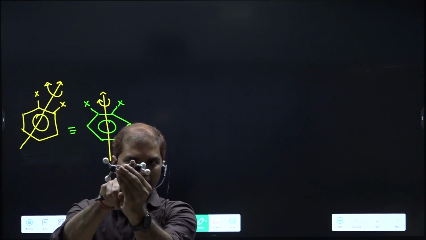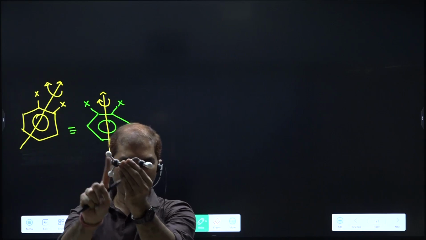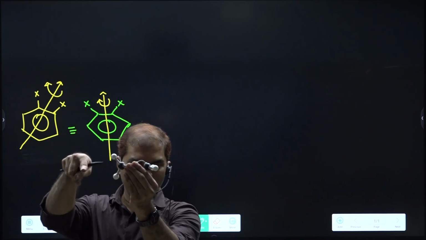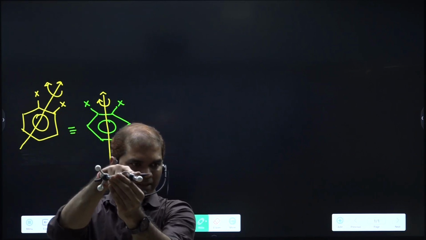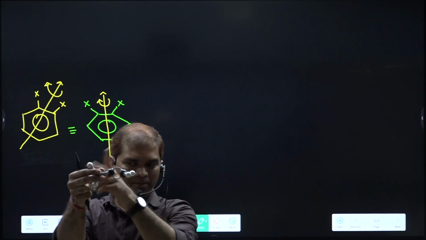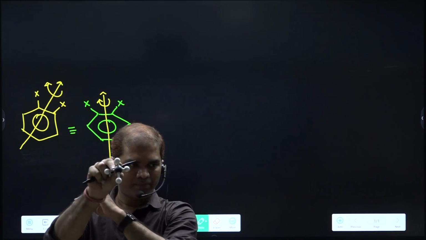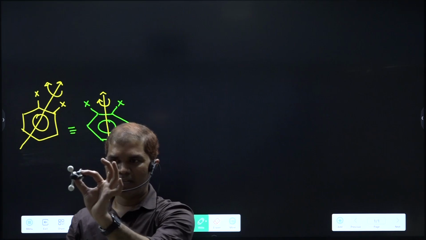This was YZ, XY. Double bond will come like this. Not this. Double bond will come like this, and CH2 will come like this. So this CH2 will be parallel, and the double bond and CH2 units will be perpendicular to one another. Understood? Can anyone tell me what are the symmetry elements present in it?